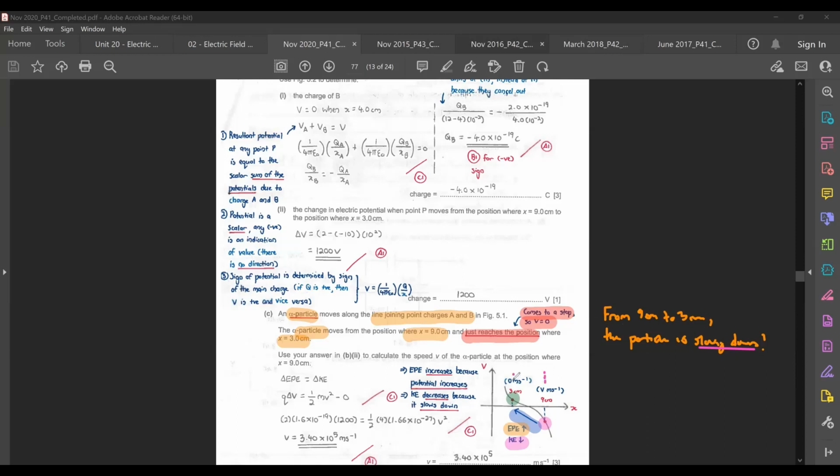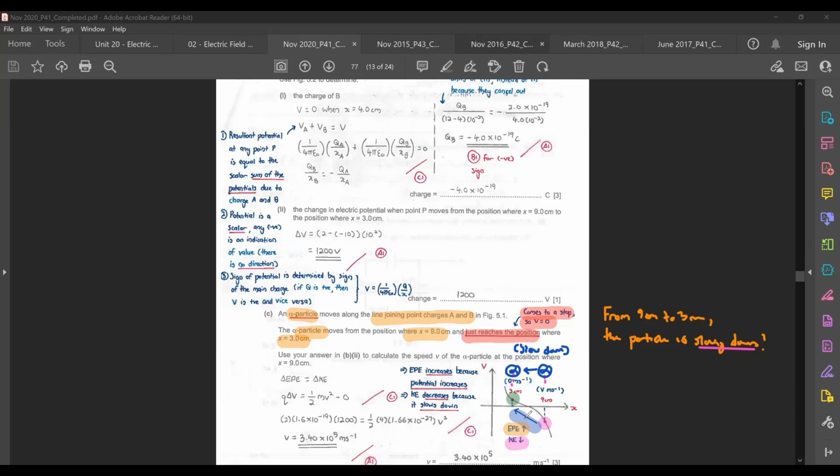that is trying to move from here to here, it will now slow down just by looking at the graph itself, because your KE is decreasing, so you are actually slowing down.